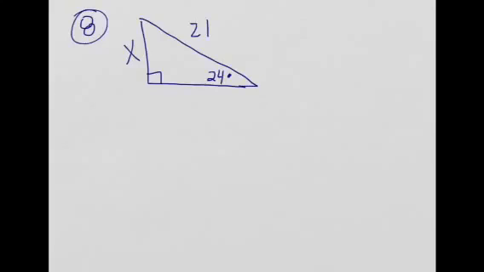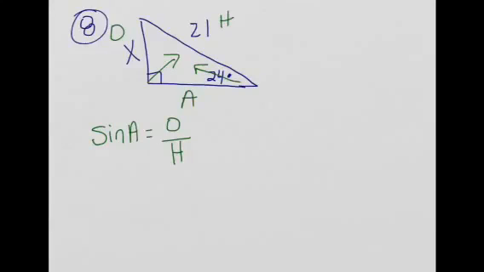So the first thing we're going to do is label the parts. So we have the hypotenuse. We have angle 24, which makes this opposite, and this is adjacent. So if the two sides that I have a variable and a value for are opposite and hypotenuse, that must mean that I'm going to need to use the sine of A in order to solve the missing part.